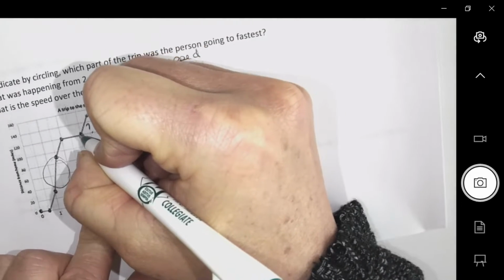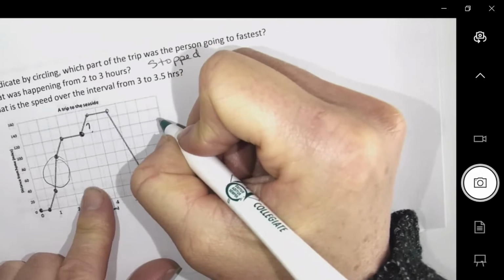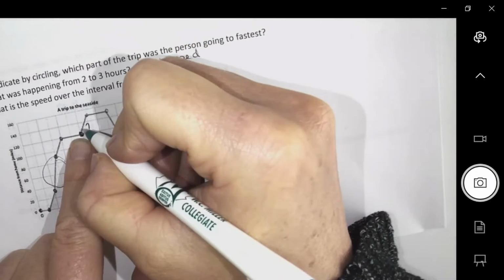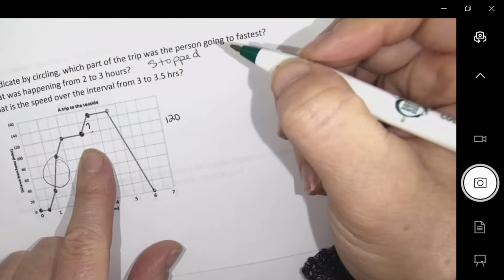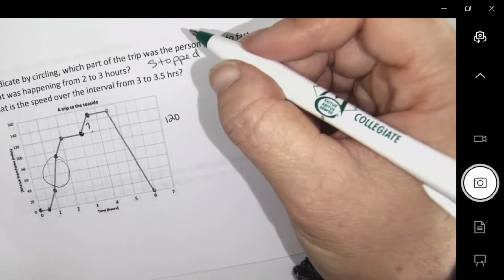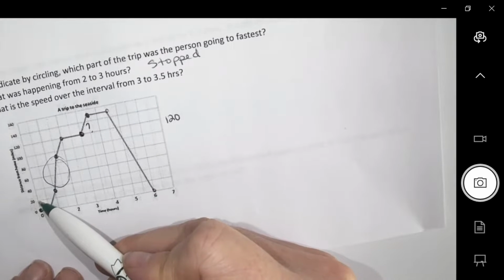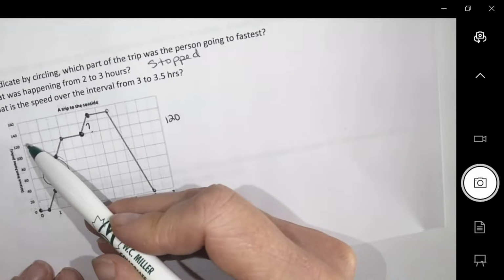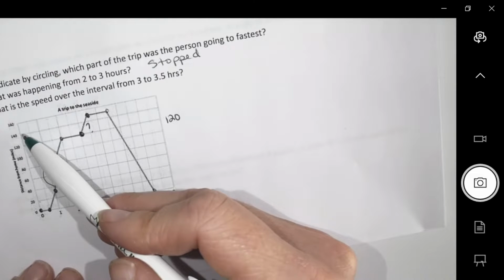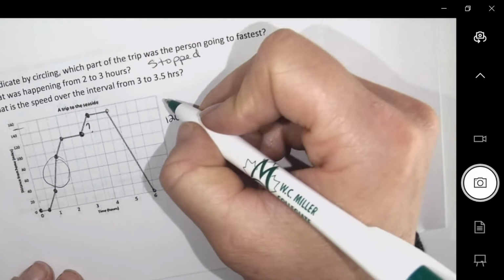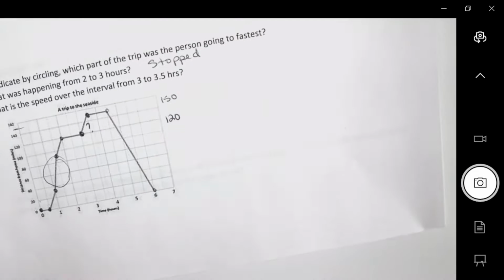Okay, so you ready? This height is at 120, and that is at what? It's going up by 20s. 20, 40, 60, 80, 100, 120, 140. So this is what? 150.